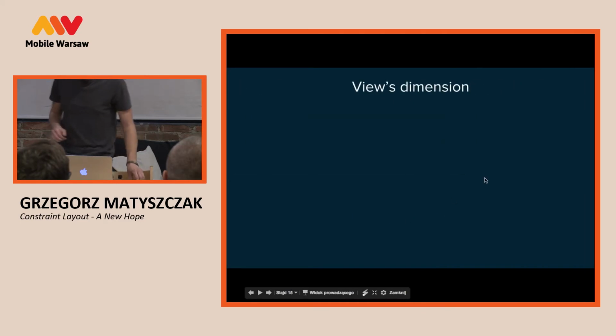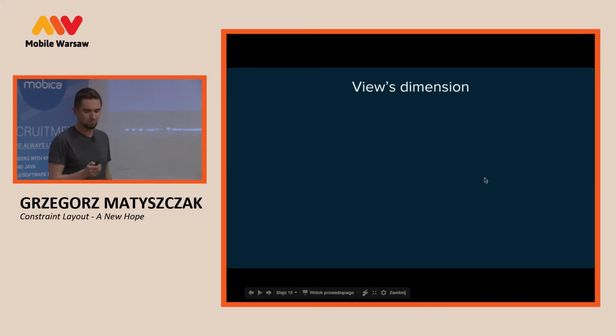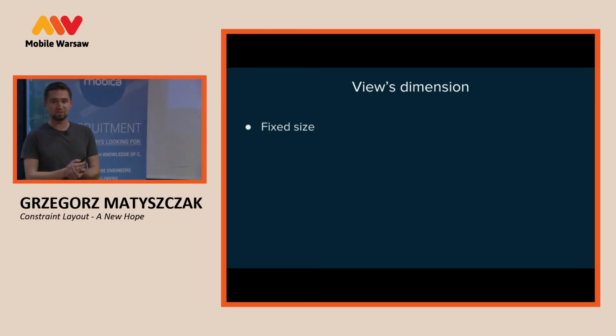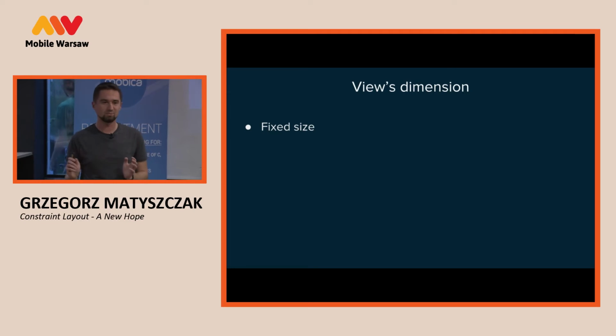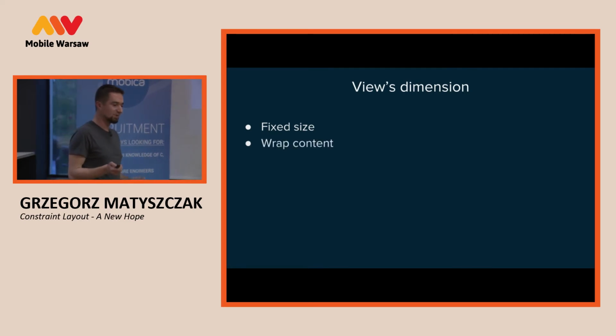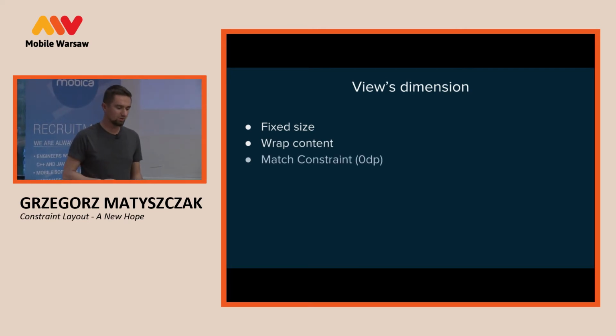Let's also talk about view dimensions. As we know, in each layout, we have a fixed size. For example, we can put 100 dp, and everyone knows what that means. Wrap content, I probably shouldn't explain that either. And there is a new one called match constraint.